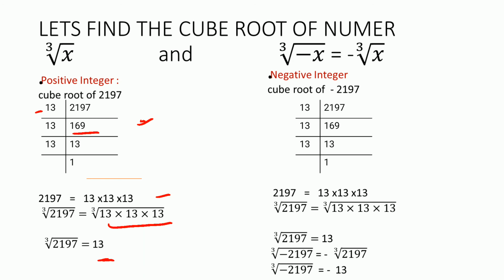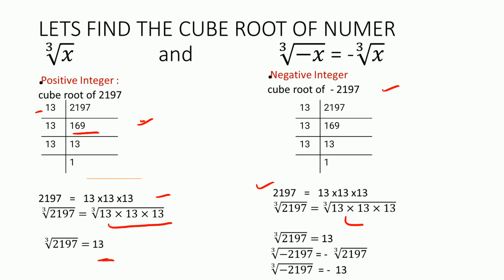Or in case of a negative integer, I have taken the same example, 2197, but putting a negative sign with it. Make prime factors, but no need to put the negative sign here. You will make the prime factors only of 2197. Similarly, we get the prime factors, 13 multiplied by 13 multiplied by 13.